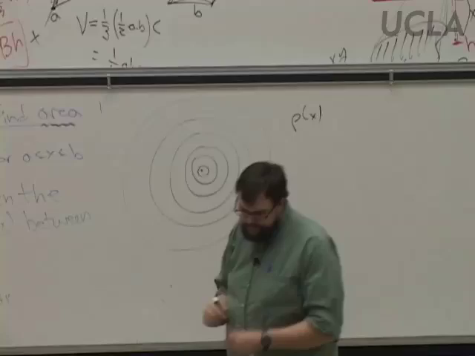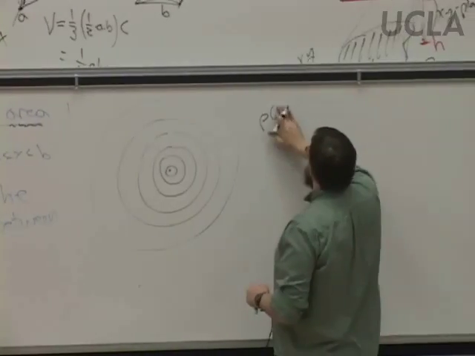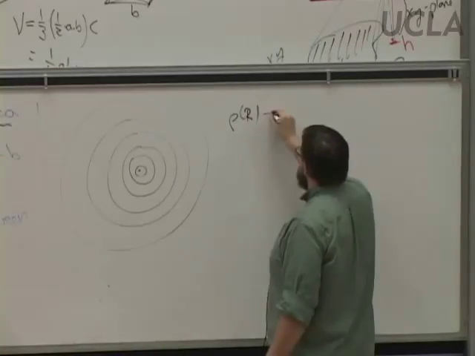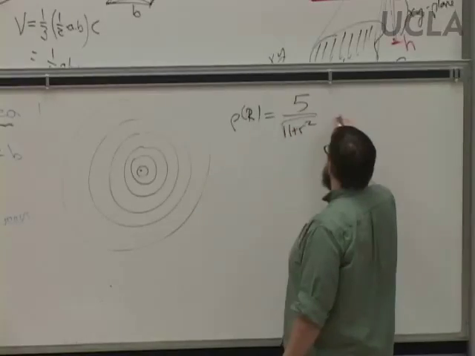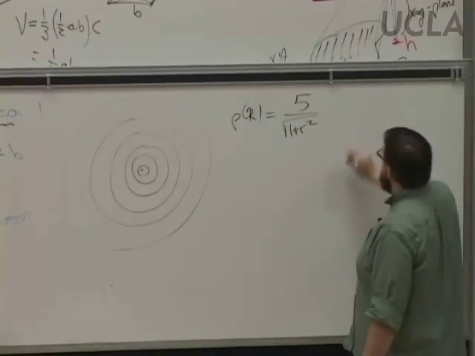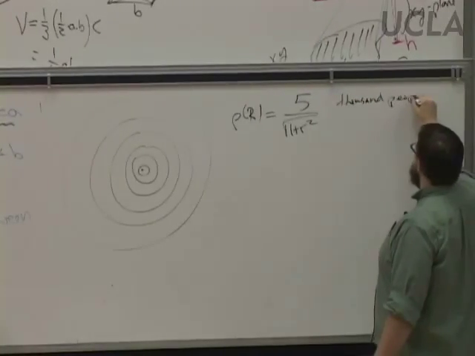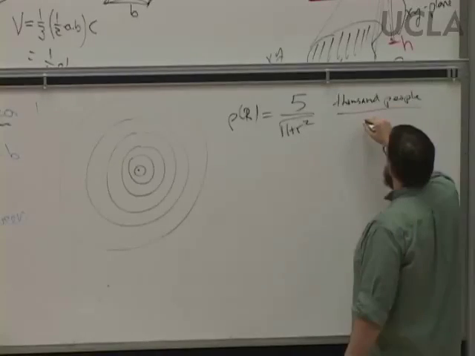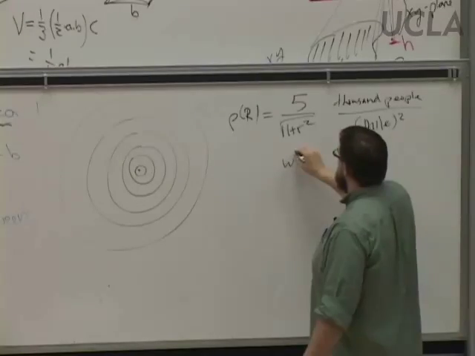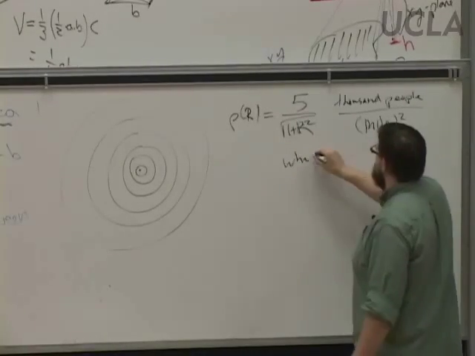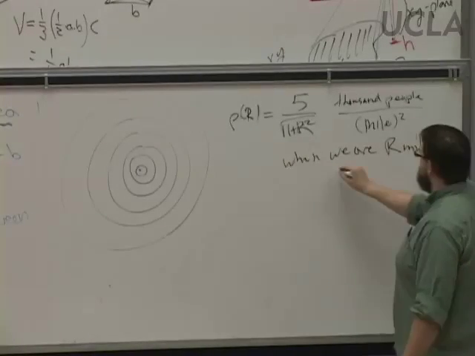So we might have that the density, let me put it as r, is, for instance, 5 over the square root of 1 plus r squared, 1,000 people per square mile when we are r miles out from the center.